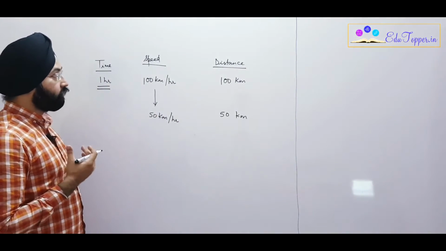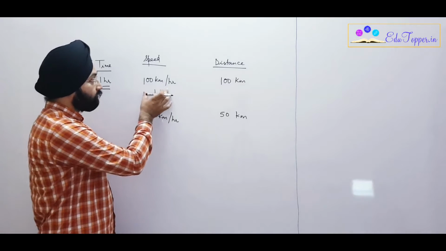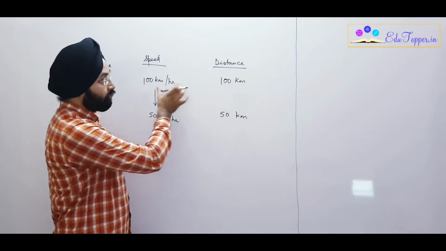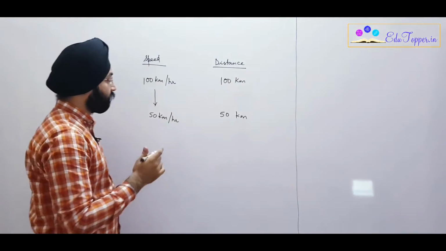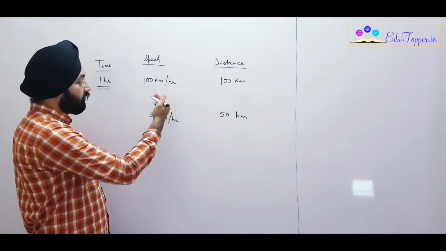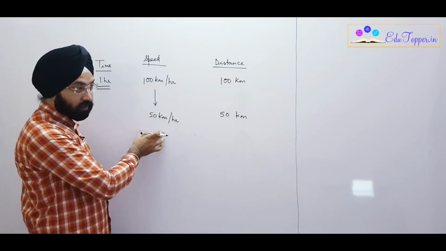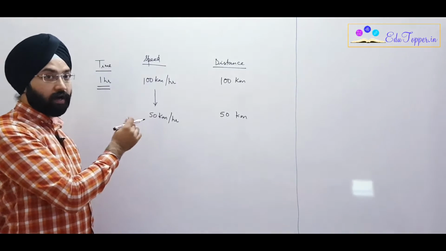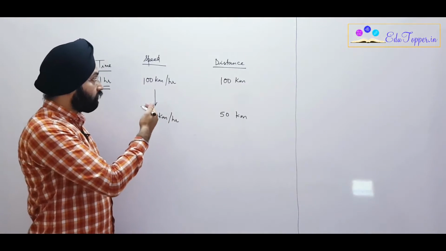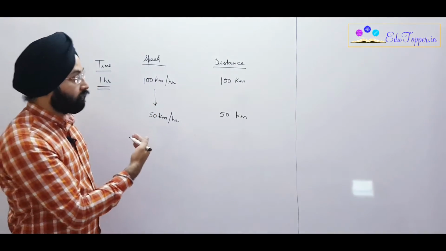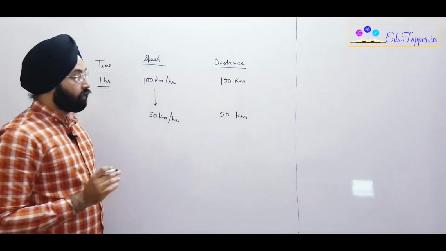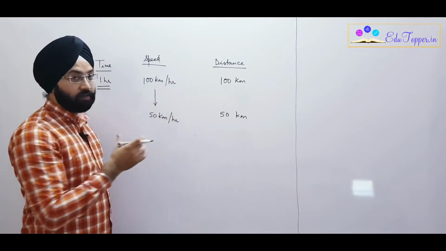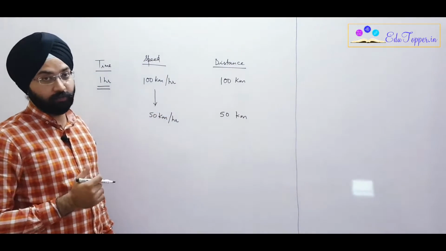So what we need to notice here is when the speed of the car was 100, the distance covered in 1 hour was also 100. When the speed of the car was divided by 2, the distance covered also got divided by 2. So these quantities are said to be in direct proportion.